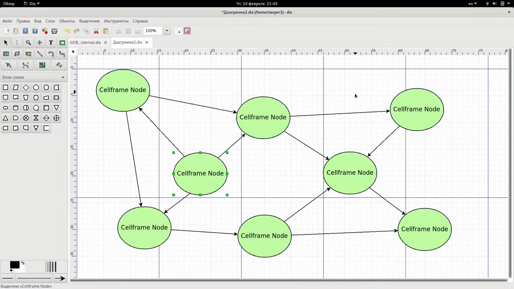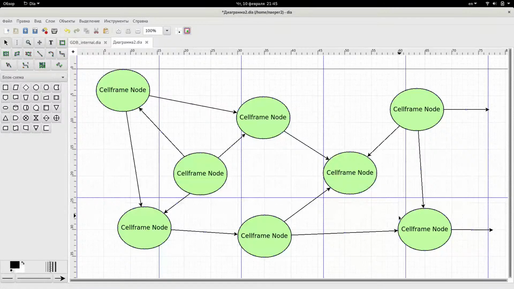Possibly we don't need it. We need it. Okay, something like this. And maybe it continues. Maybe it has some outgoing link, and this node also has an outgoing link. So we don't need this link.